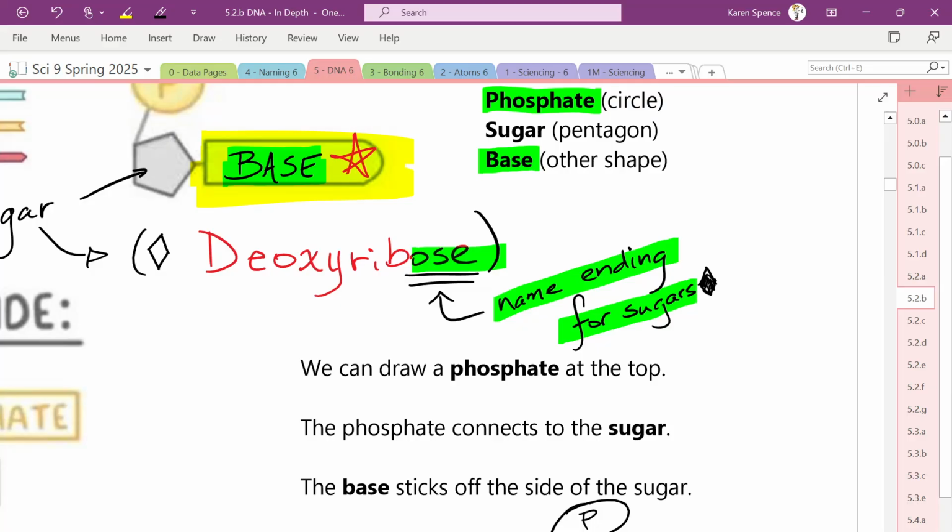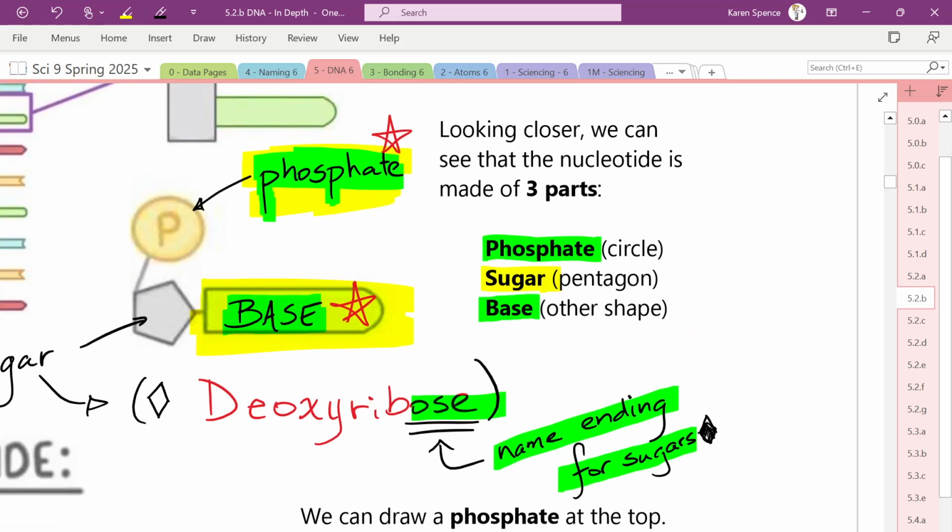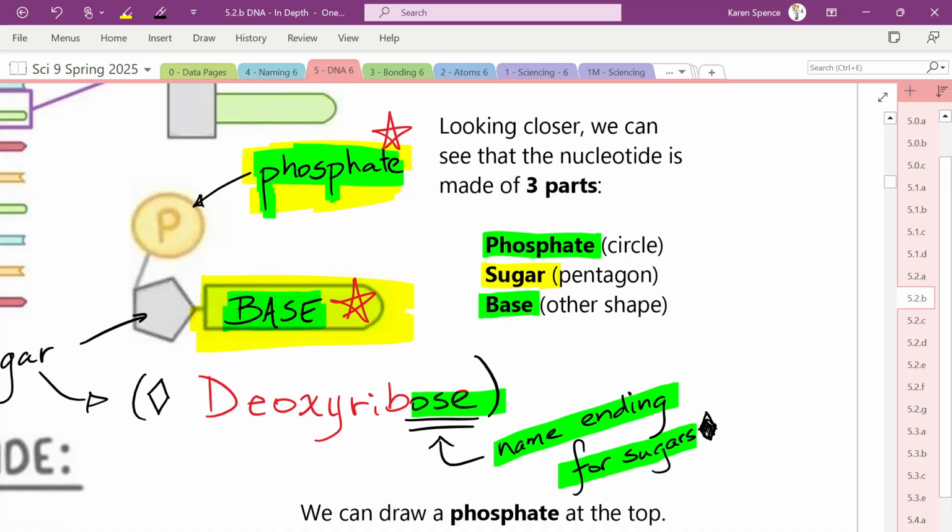So can you see how DNA got part of its name from its sugar? Deoxyribonucleic acid. Okay, because it's based on the deoxyribose sugar. So we have those 3 things. We have the phosphate, we have the sugar, and we have the base. So the phosphate is usually shown as a circle.